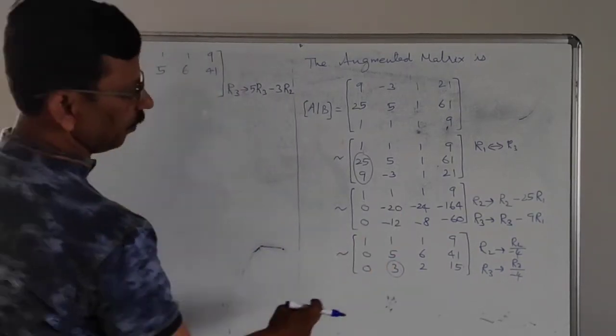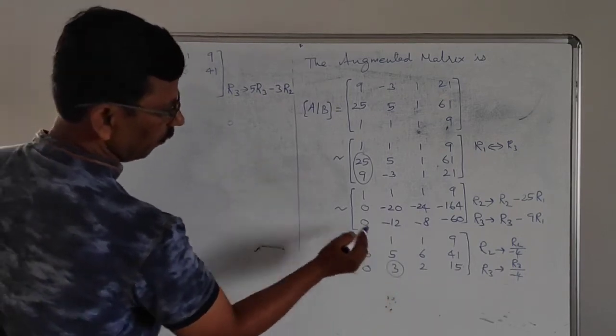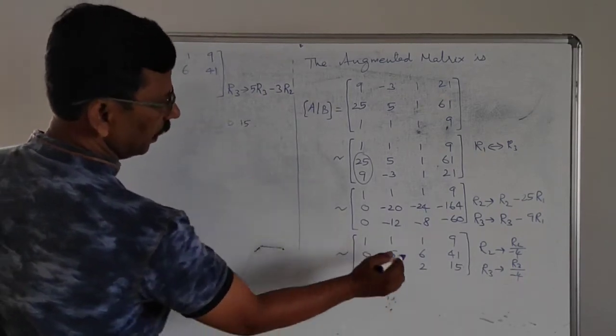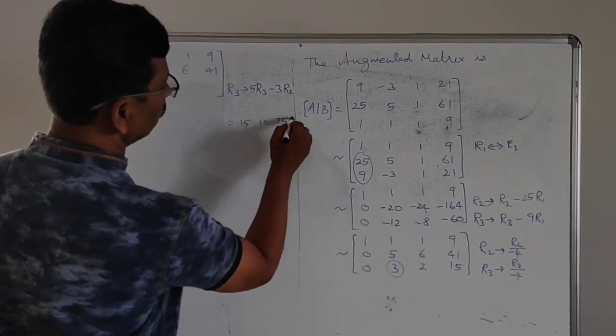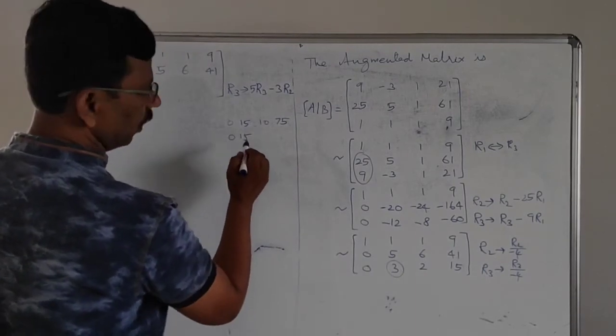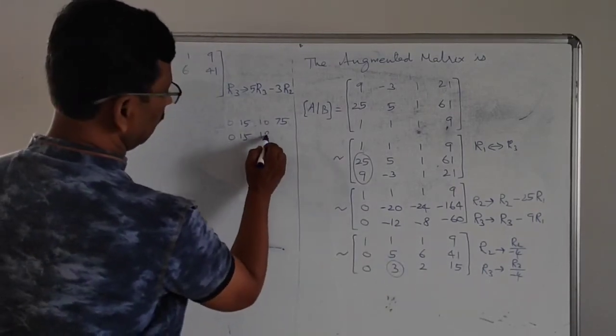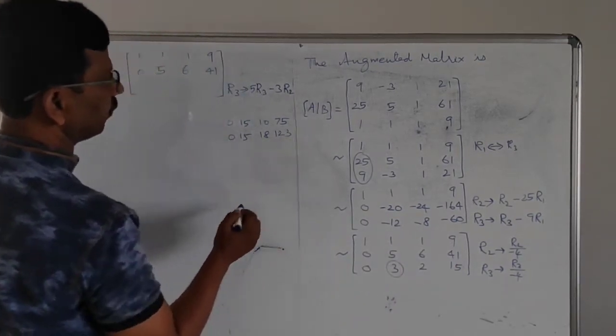Therefore, 5 times R3: first you multiply this R3 by 5. That is, you get 0. Then 5 3s are 15. Then 5 2s are 10. Then 5 into 15 is 75. Now you have to multiply this by 3. This is 0. Then 3 5s are 15. 3 6s are 18. Then 3 into 41 is 123.